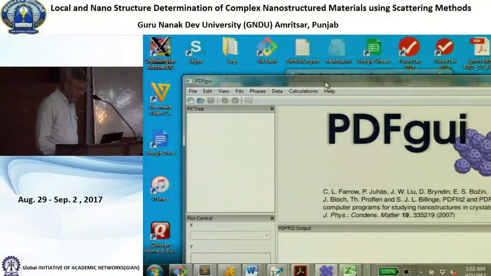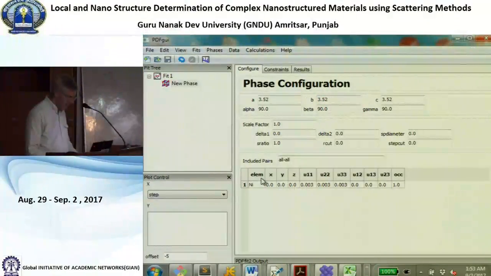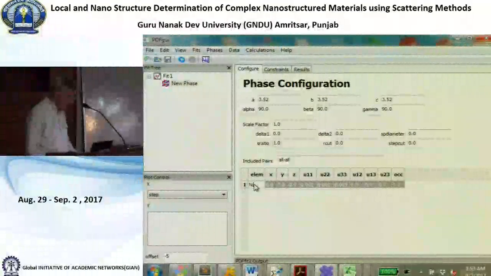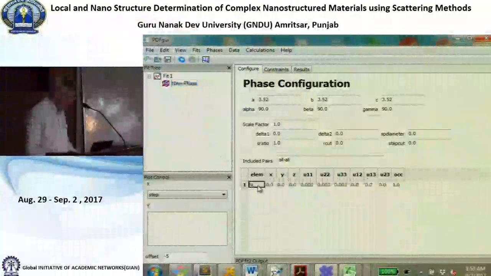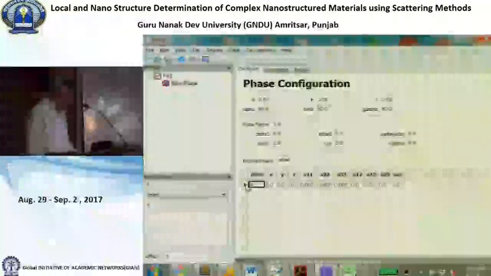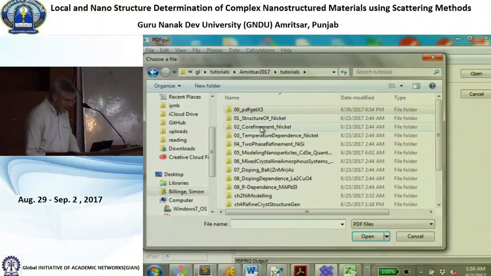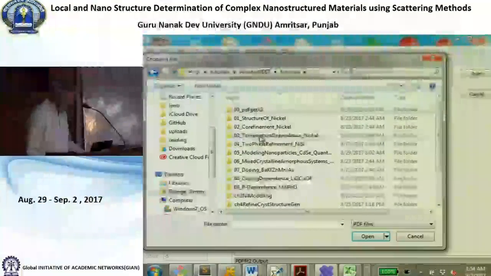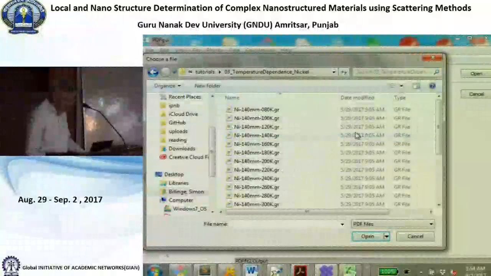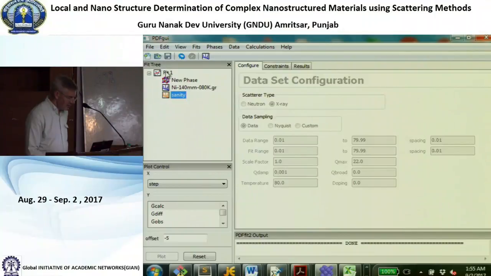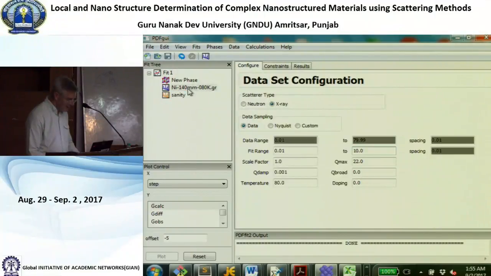All right, so I've got a new PDF. There's this file here which is temperature dependence of nickel, and here I have many data. So now I'm going to the QDAMP, QBroad.